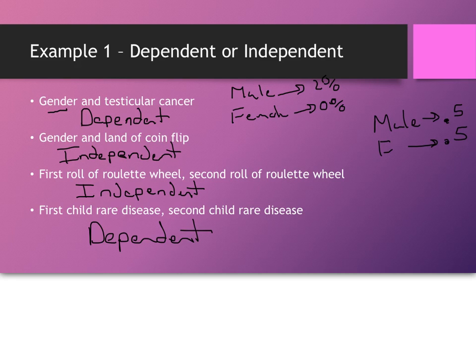They're more likely to have the disease because they probably share some of the same genetic traits as the first child, or at least they share the same parents, and that gives some dependence. So anytime the probabilities are different when we split two groups, we will have dependent events.